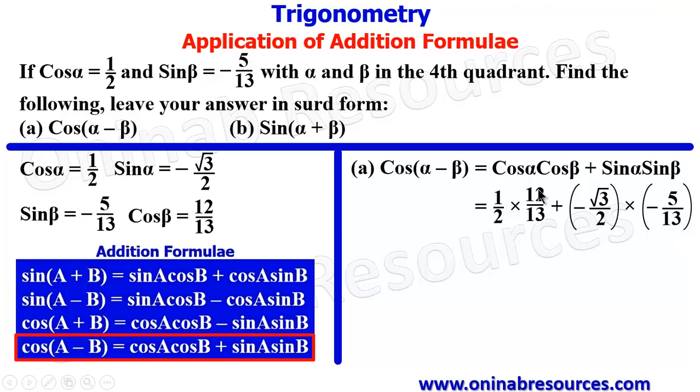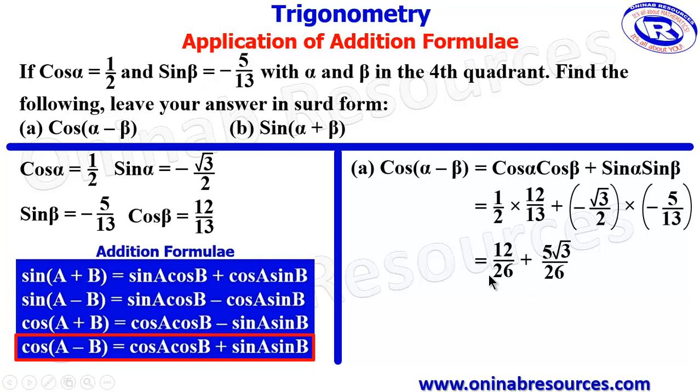We then simplify. I want to maintain the same denominator. So we have 12 over 26. Then plus negative times negative gives positive. Root 3 times 5 gives 5 root 3. 2 times 13 still gives 26.